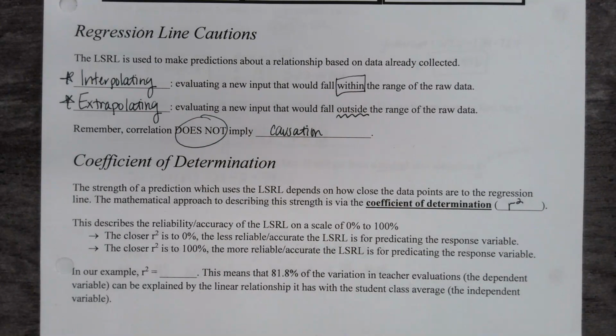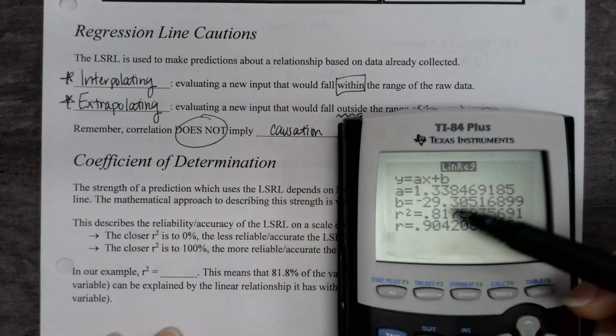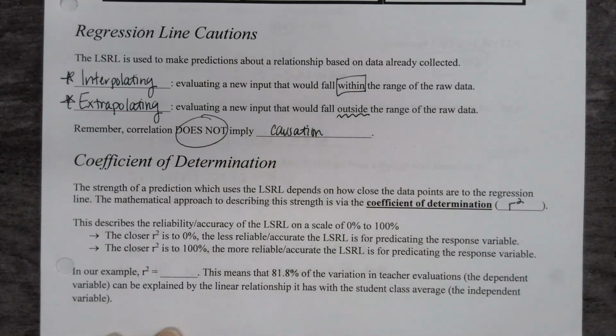Now, this is just the strength of the prediction, so how strong our prediction value is, and that really depends on how close the data points are to the regression line, and that's kind of what your coefficient of determination means. And it's always going to be a scale of 0 to 100%, so you're going to have to times by 100 or move the decimal place over 2 times to get what your percentage will be.